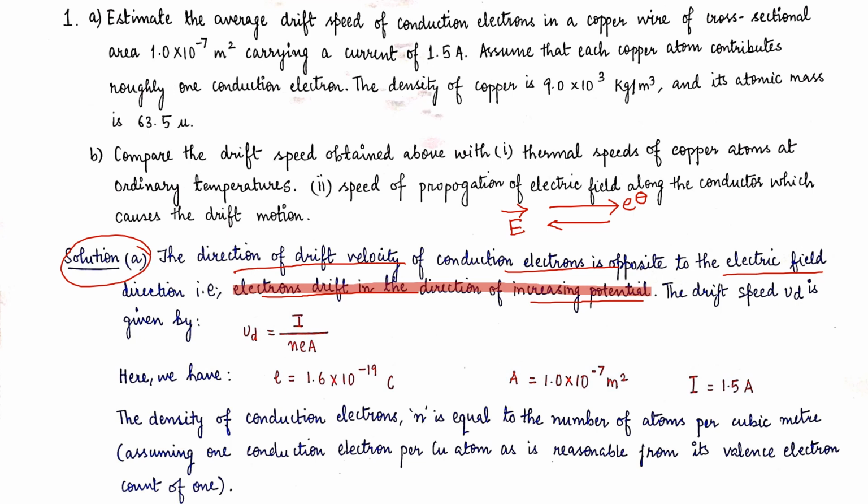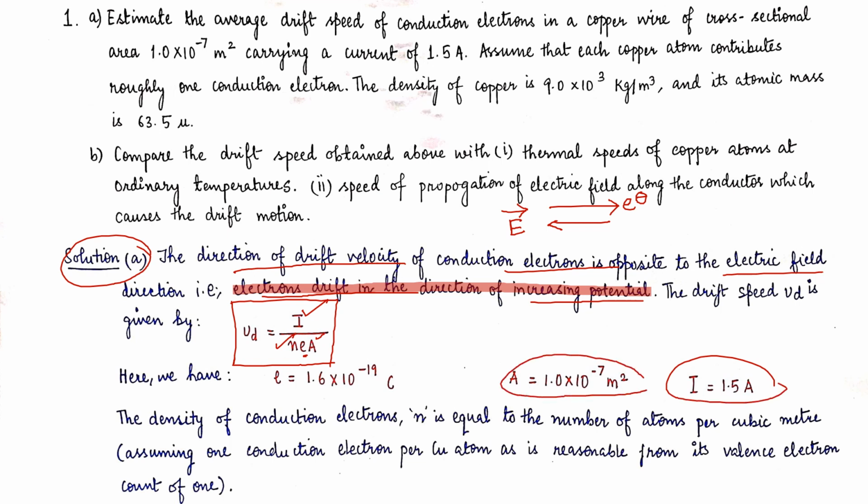The drift speed Vd is given by Vd equals I upon nEA, where I is the current flowing, n is the number of conduction electrons, e is the charge on that electron, and A is the cross-sectional area. Here for I we have 1.5 ampere given in the question.